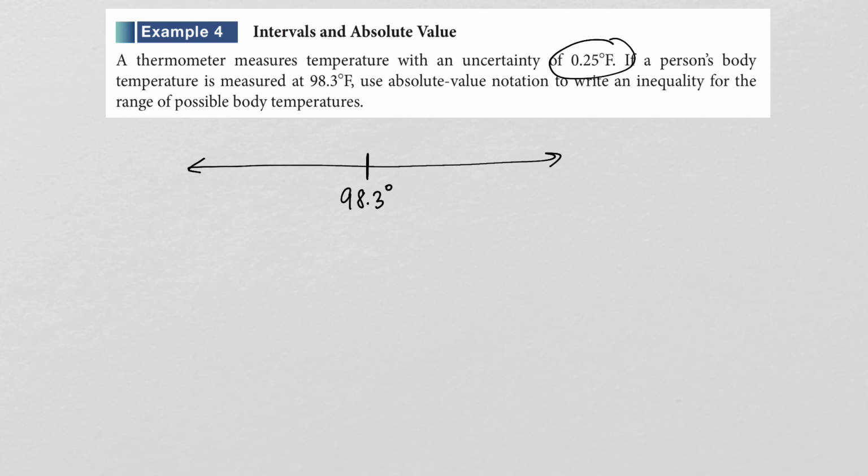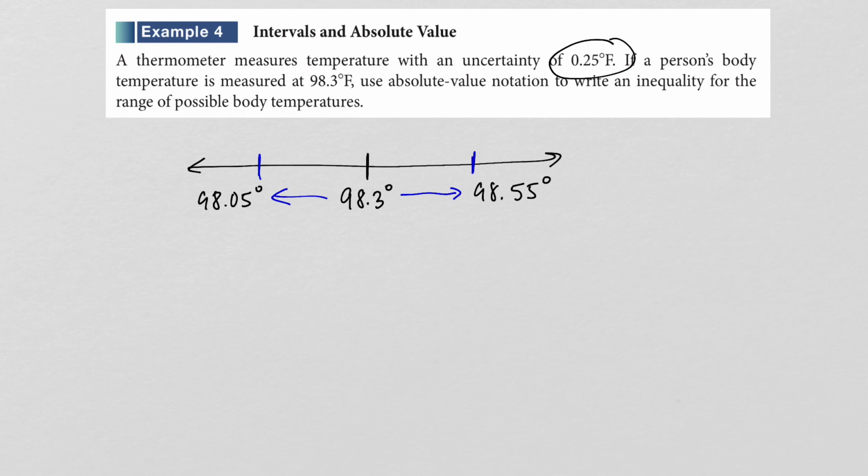That means the person's actual body temperature might have been 0.25 degrees Fahrenheit warmer, or it could be 0.25 degrees Fahrenheit cooler. So if I add 0.25 degrees to 98.3, that would be 98.55 degrees. And if I subtract 0.25 degrees from 98.3, we get 98.05 degrees.